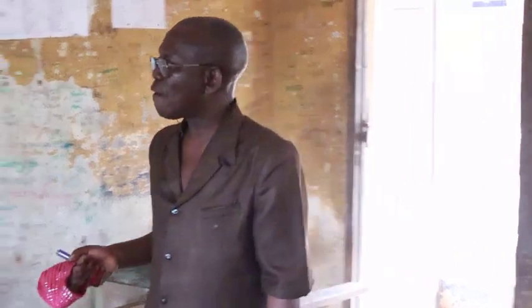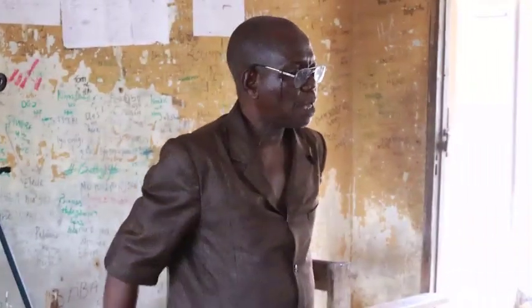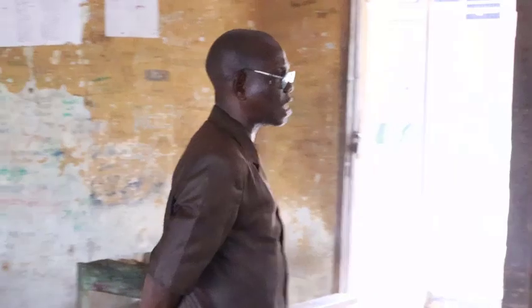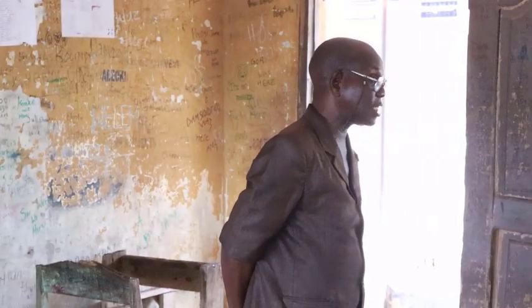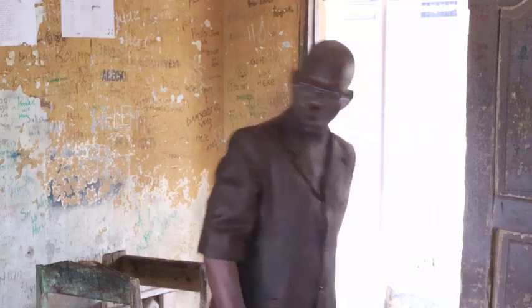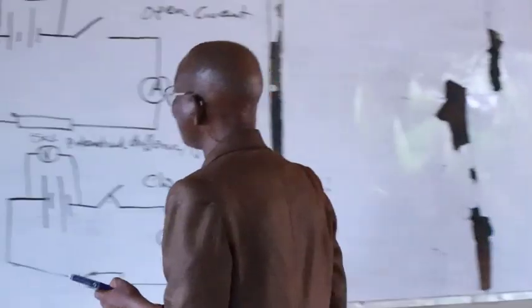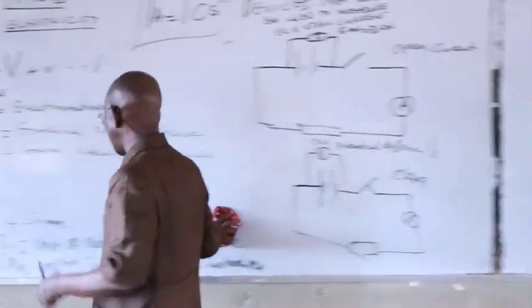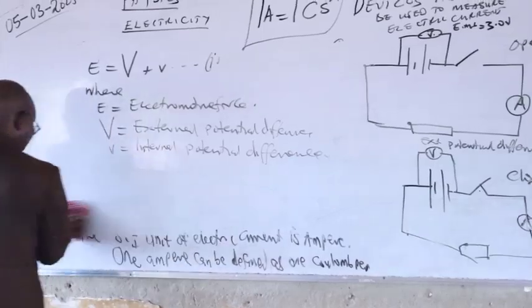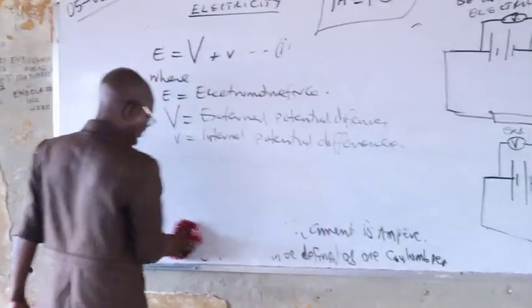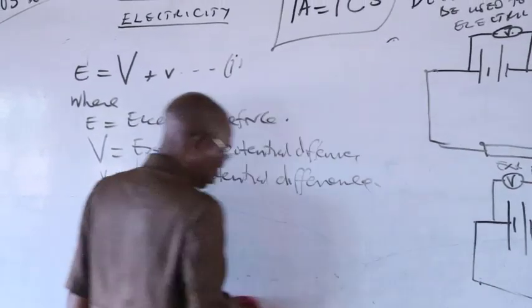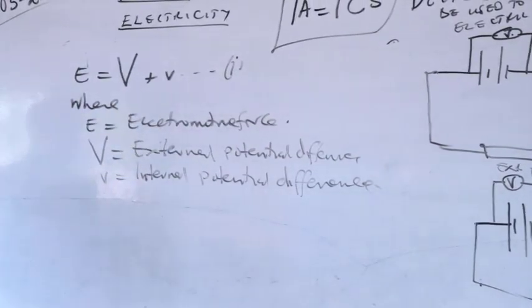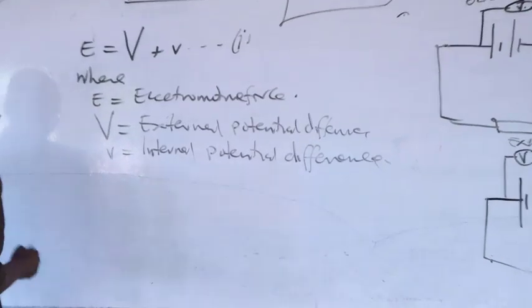Now, there is another term that is very close. We are talking of potential difference. Is electric potential the same thing as potential difference? Electric potential and potential difference, are they the same? They are very similar, but they are not the same. Electric potential is not the same thing as potential difference, but they have the same unit and the same instrument we use to measure them.